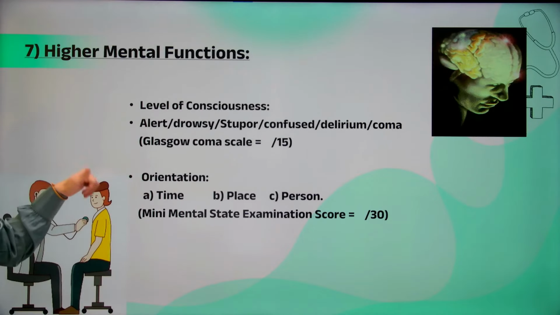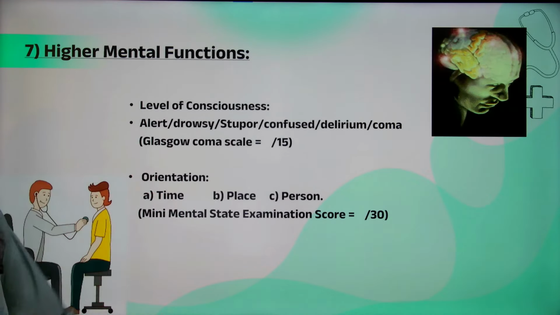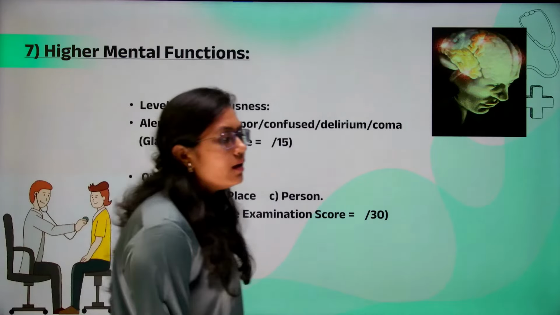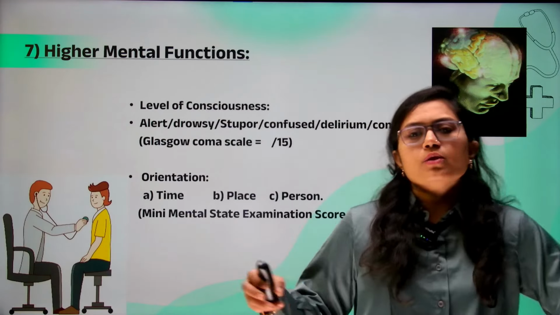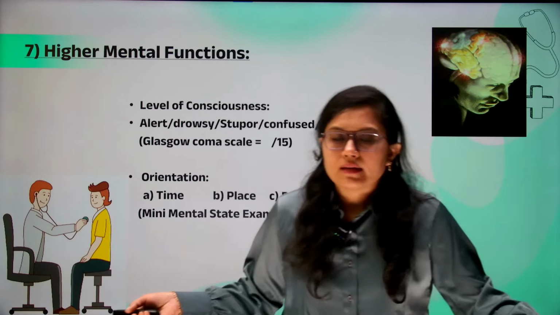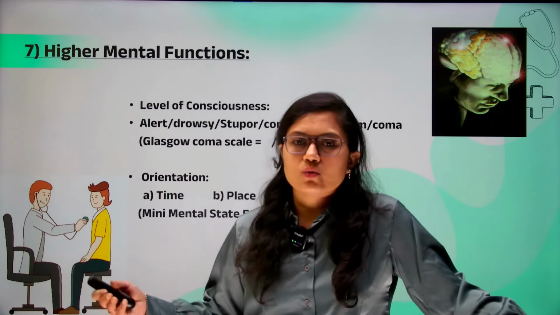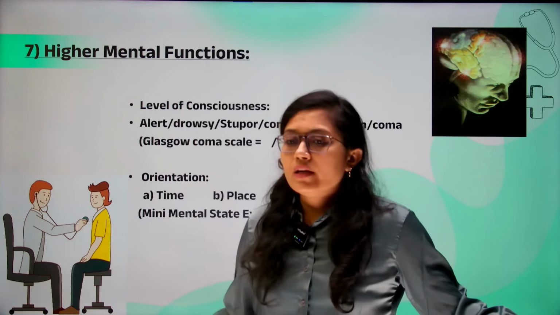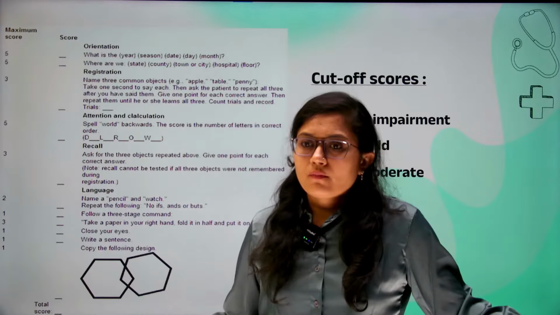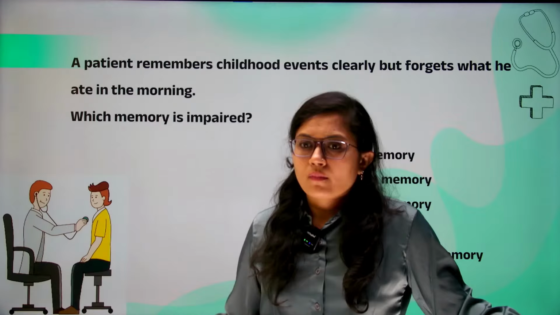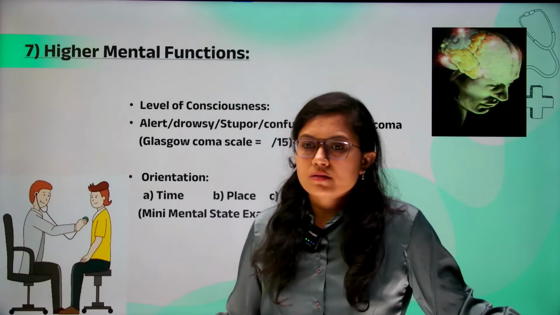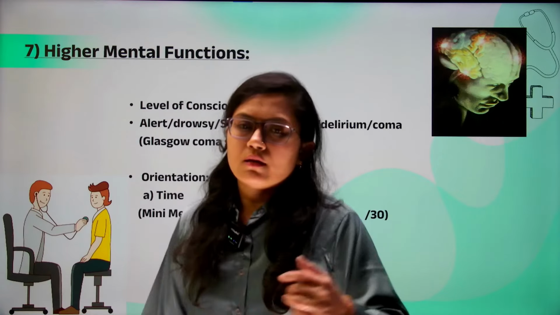Then after, the major and most important scale we are still using, and that is most important clinically, that is GCS, the Glasgow Coma Scale, which we need to take. Just a second. That we are going to see later.